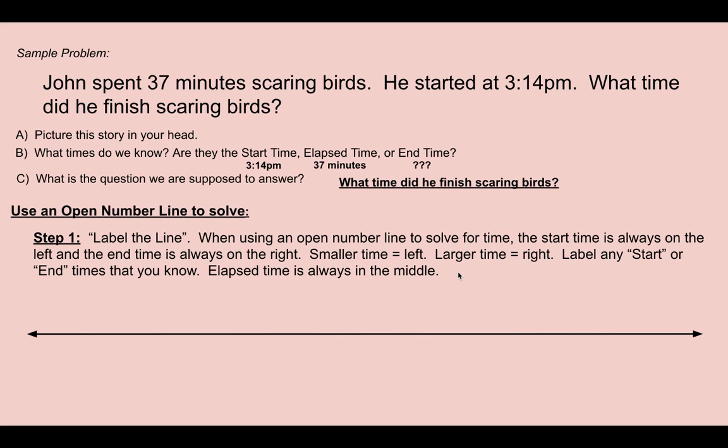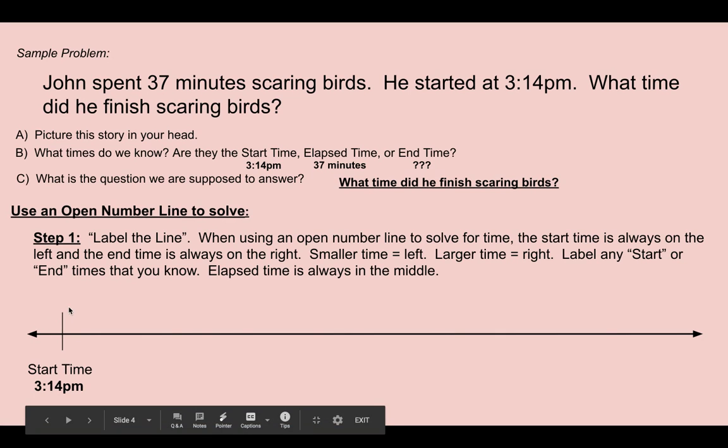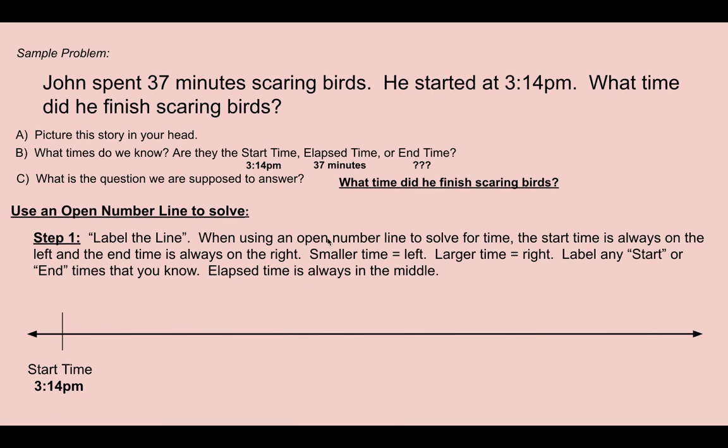We're going to label any start or end times that we know, and elapsed time is always in the middle. So our start time, we know from right here, is 3:14. So we're going to mark on our left 3:14. Our elapsed time is always in the middle. We know our elapsed time, and that is 37 minutes. But what we don't know is our end time.